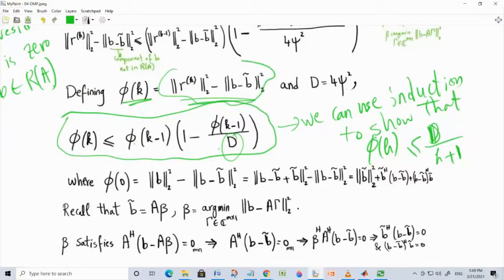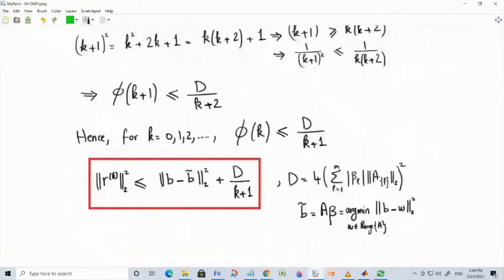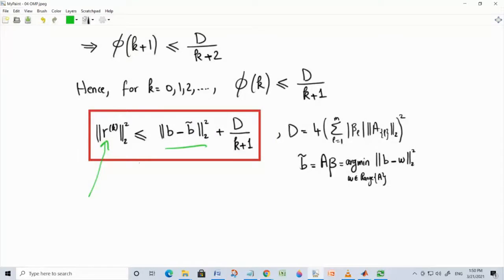Remember, phi of k is this guy here, and so the residual is always less than or equal to this guy. So what is this guy? Suppose that you are solving the very general problem, and b can be written as a sum of two components, and one component is non-zero and is not in the column space of A. In that case, this component will be a lower bound on what the residual can be.